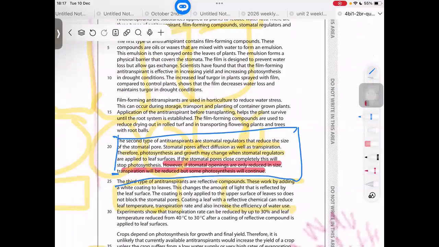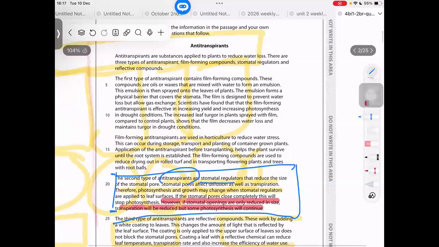Let's see. Okay, the second type of antitranspirants are stomata regulators. Antitranspirants means something which you use to reduce the transpiration. That's what you mean by antitranspirants, right?